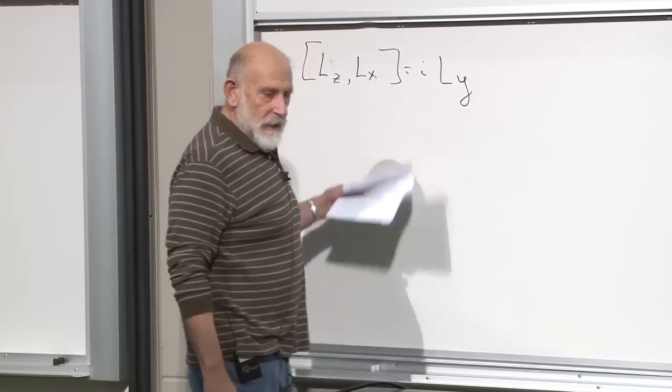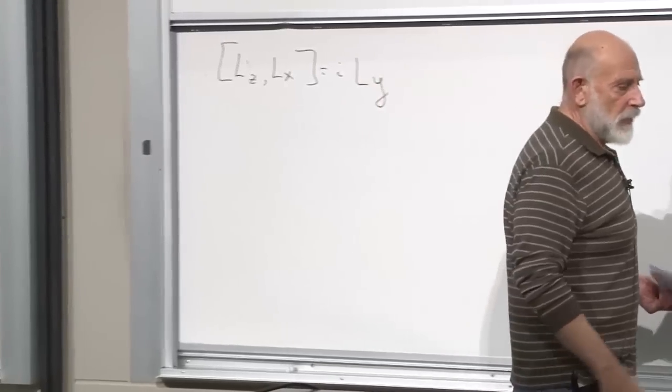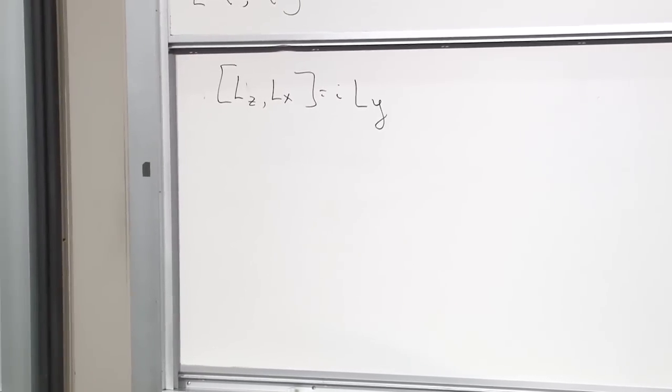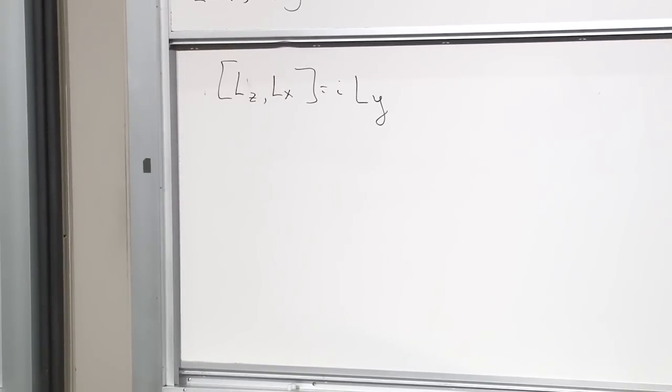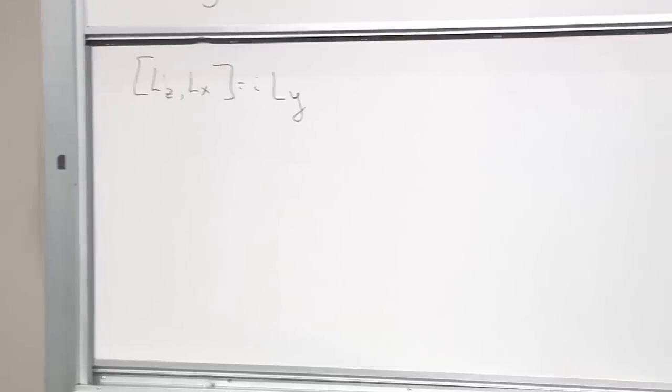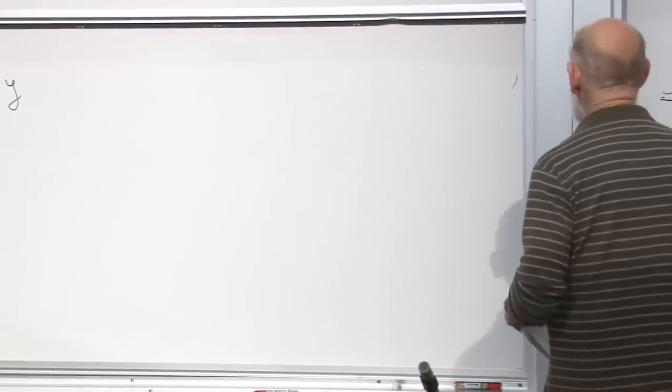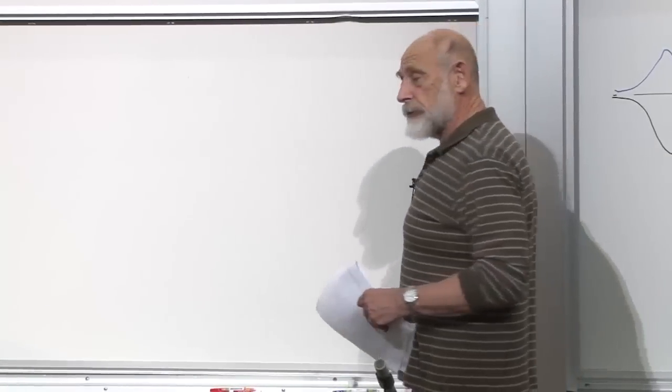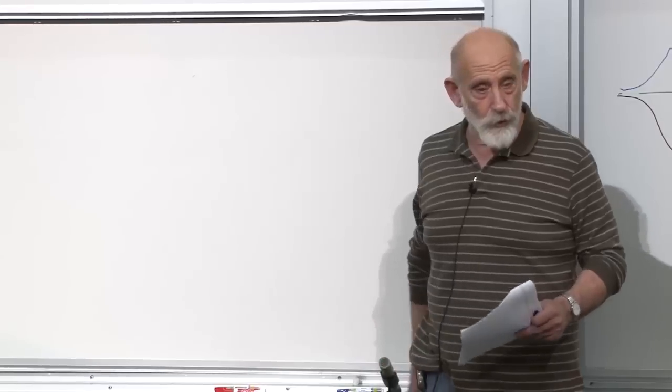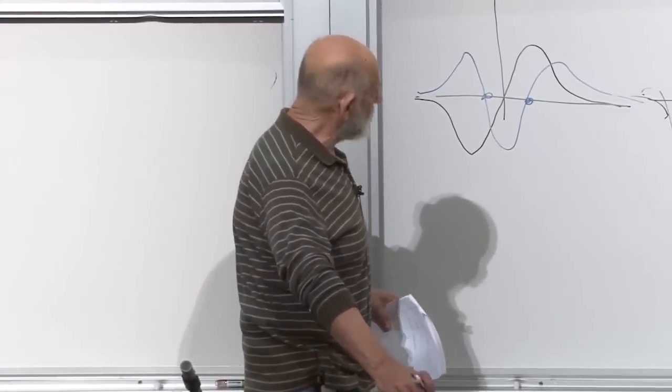And the other two are just cyclic permutations. You may have noticed that these commutation relations are closely related to the commutation relations of the Pauli matrices. So let's write the three Pauli matrices and check whether this is true of them.